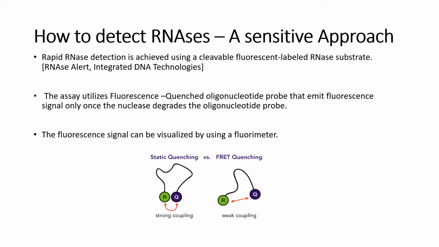They collaborated with Ambion Thermo Scientific to create a product called RNase Alert. RNase Alert is a rapid RNase detection, which is achieved using a fluorescently labeled oligonucleotide probe. That is the RNA substrate used here.